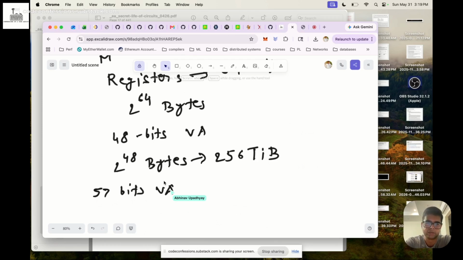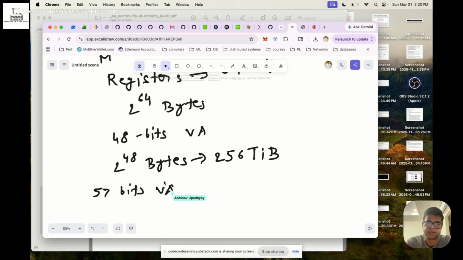The more common variation is virtual addresses that are 48 bits wide, but we also have the Linux kernel which has 57 bits wide virtual addresses. The difference is that with a 48-bit wide virtual address, if you're familiar with page tables that we will cover in future videos, you need 4 levels of page tables. With a 57-bit virtual address, you need 5 levels of page tables.